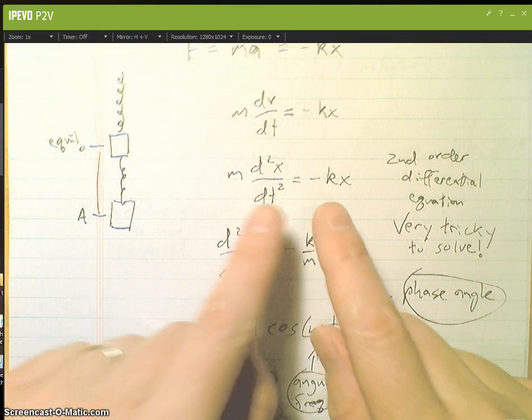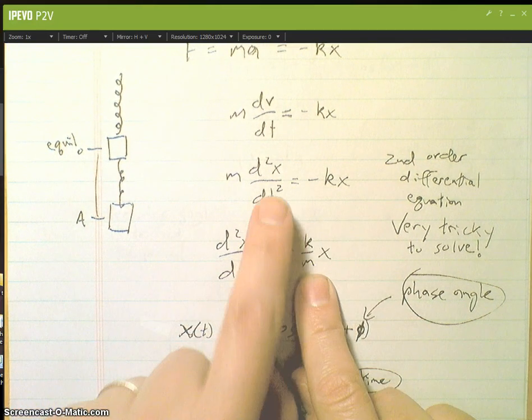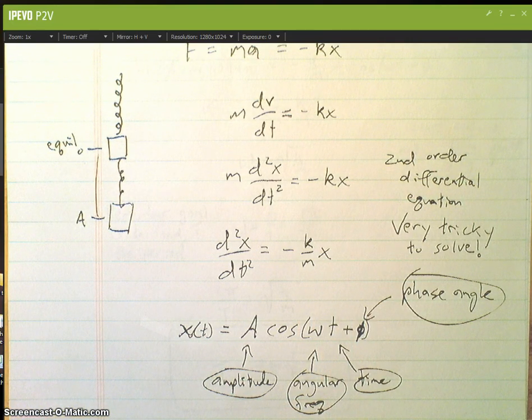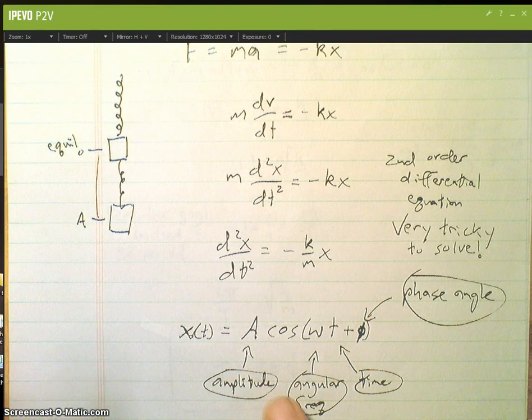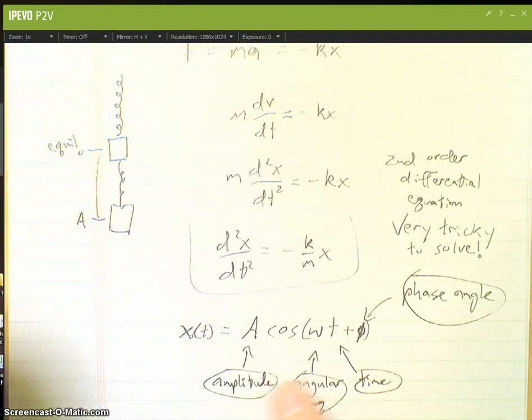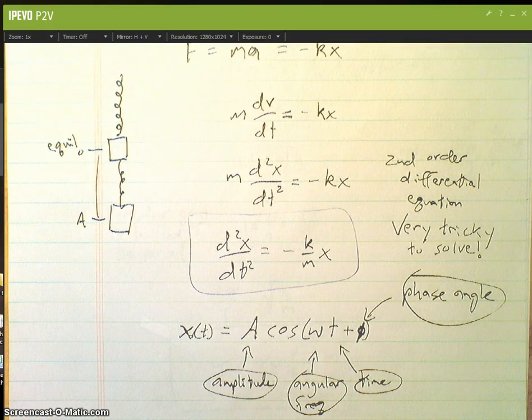hypothesize a solution. So first we get it into this form, divide both sides by m, and this is a generalized form that we're going to see several times as we go through these calculations and derivations.